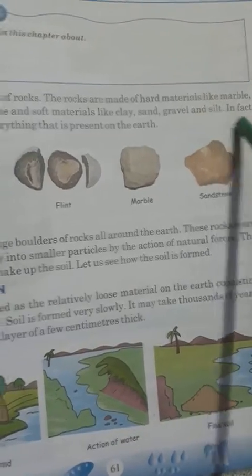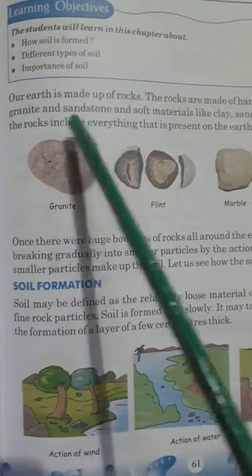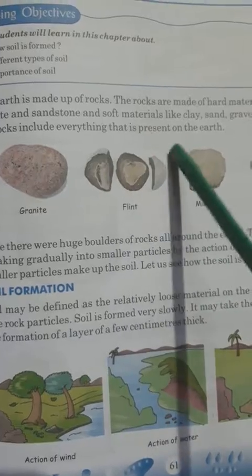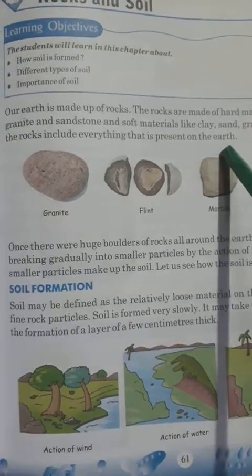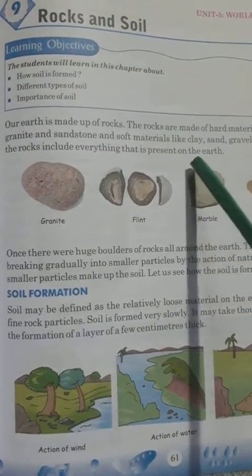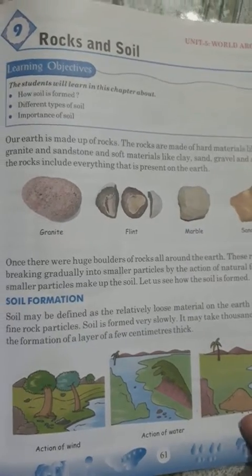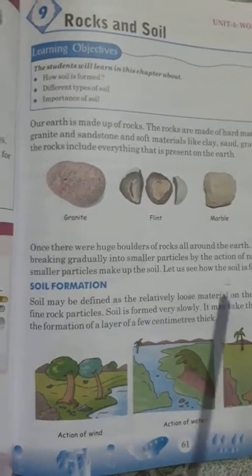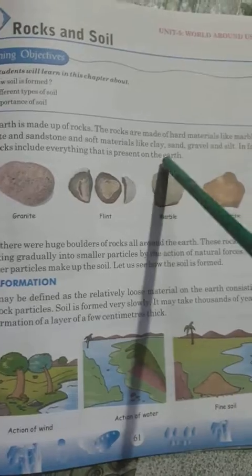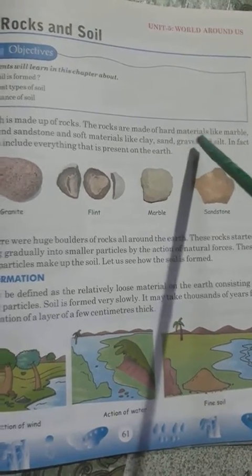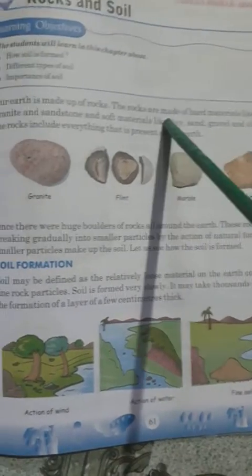In fact, underline till here, okay? In fact, rock includes everything that is present on the earth. So whatever is present on the earth, everything is included as rock. These are some of the materials that we get to know. Okay, so underline all this.